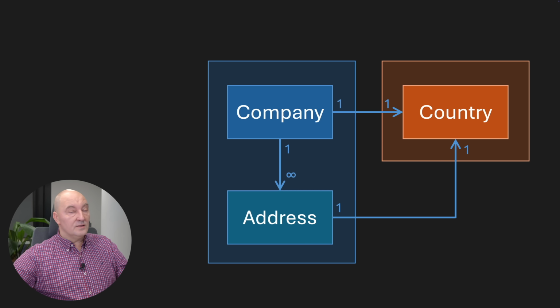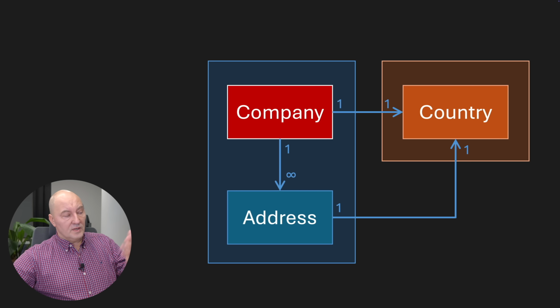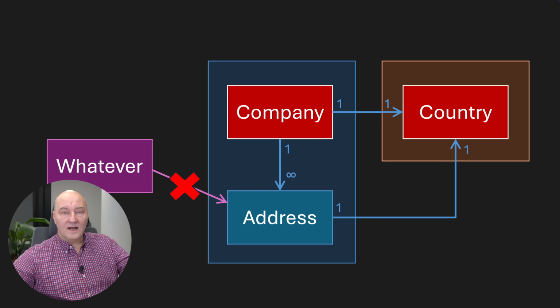That is where another important element of this design comes. Every aggregate has a root entity, a single root entity. So the root of the company aggregate is the company, obviously, and the country is its own root. It is not allowed to reference anything inside the aggregate.